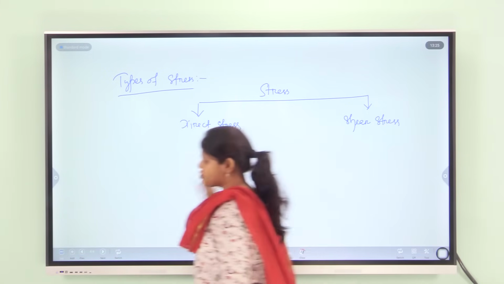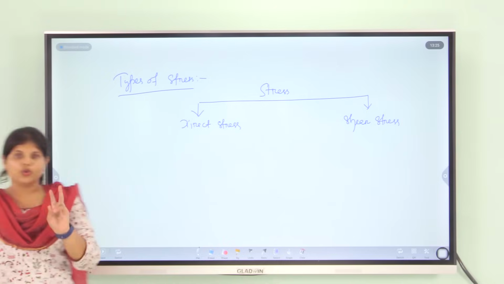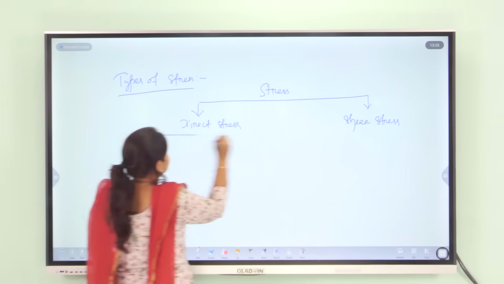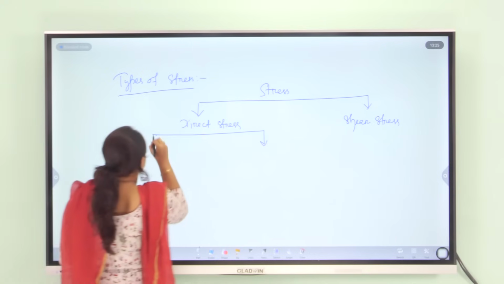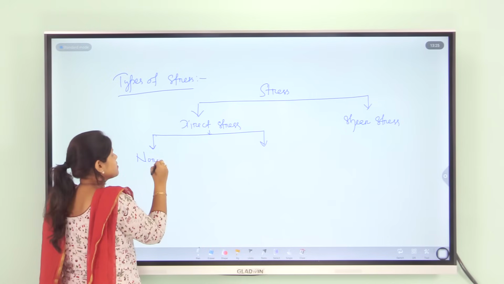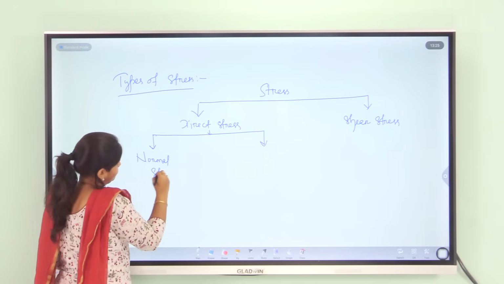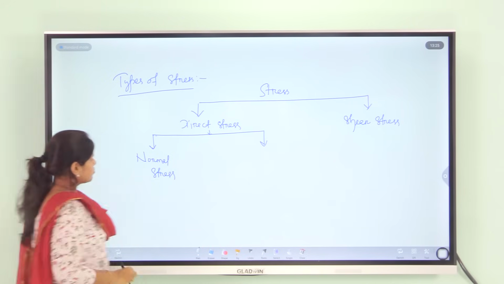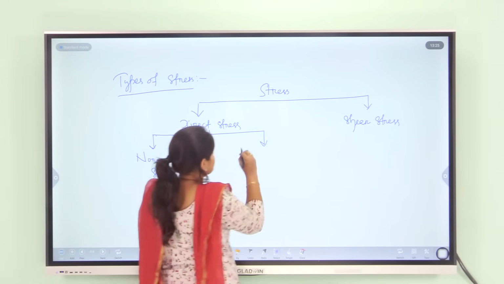Again, direct stress is divided into two types: one is normal stress, another is bending stress.